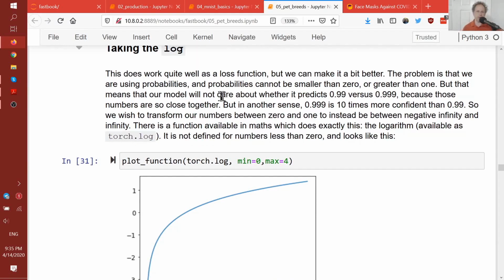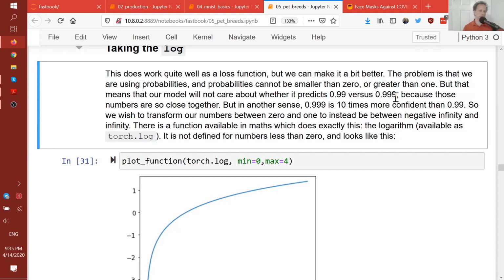Which means that if our model is trying to decide whether to predict 0.99 or 0.999, it's going to think that those numbers are very, very close together, so it won't really care. But actually, if you think about the error, if there's like 1,000 things, then this would be 10 things are wrong, and this would be 1 thing is wrong. So this is really like 10 times better than this.